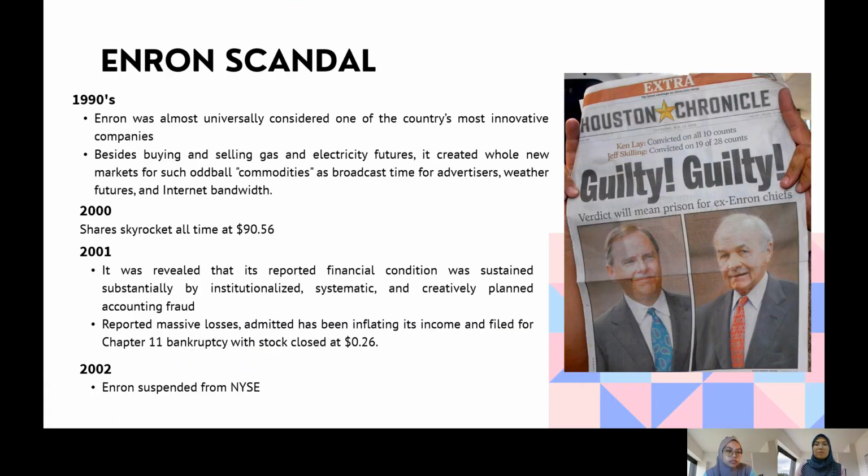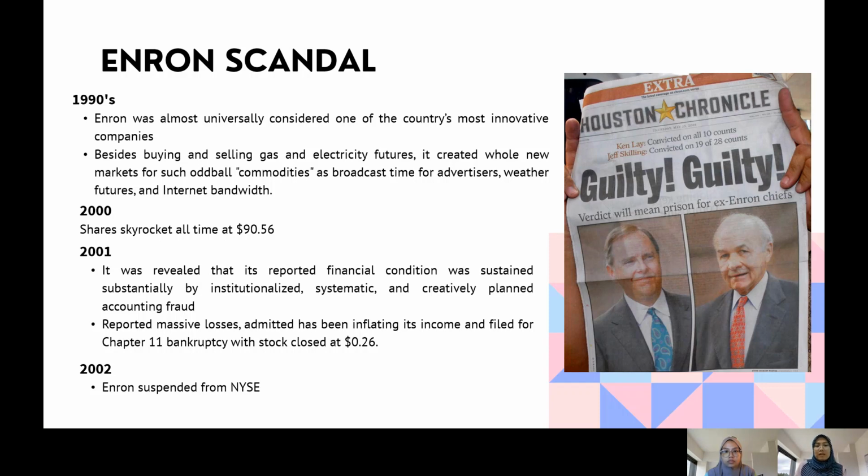So this is the real world case involving creative accounting, which is an example from the Enron scandal. So the Enron scandal was in the 1990s, it was one of the country's most innovative companies, because at that time they ran many businesses that were considered very advanced, since it was the 1990s. So if a company had advanced inventions, it was considered advanced.